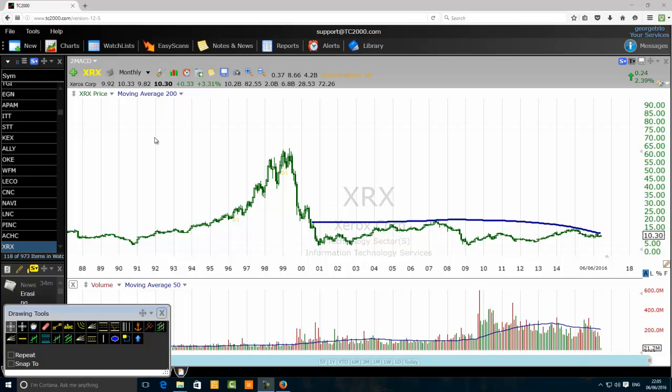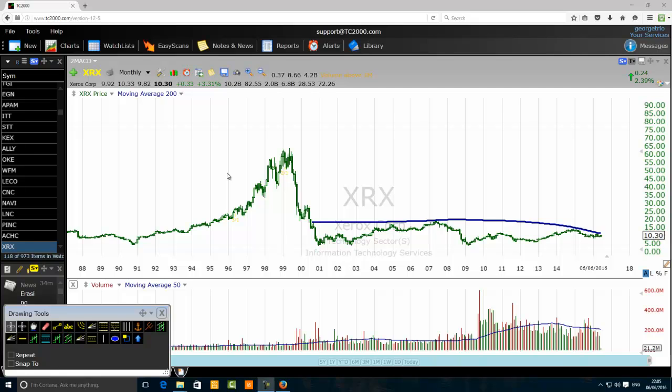We are on a monthly chart of Xerox Corporation, ticker XRX. This is a Russell 1000 component. And we want to answer a specific question: are stocks below the moving average 200 always bearish?